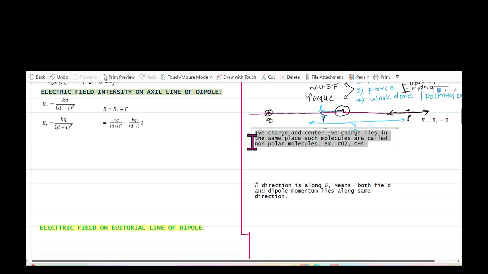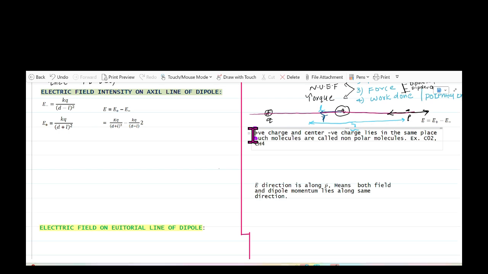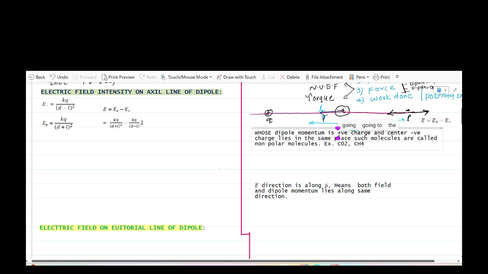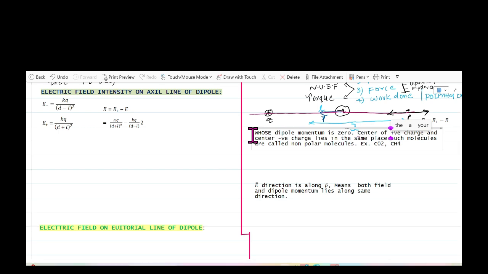Here the dipole moment is zero for these non-polar molecules because there is no distance between the center of positive and negative charge. Right. The center of positive charge and the center of negative charge are in the same place, so their dipole moment is zero.